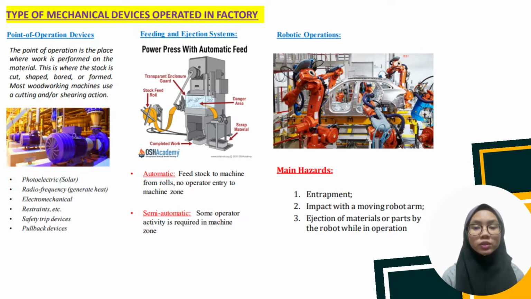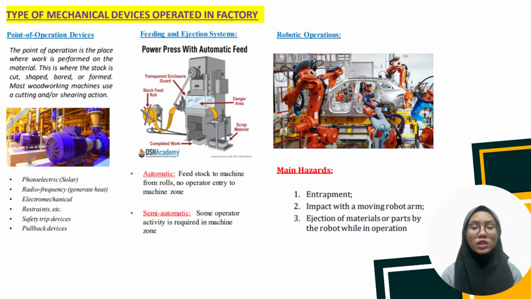Because the point of operation is the point at which the work of the machine occurs, it is the point which is most likely to cause immediate harm to a worker. That's because many potentially hazardous motions and actions occur at the point of operation.